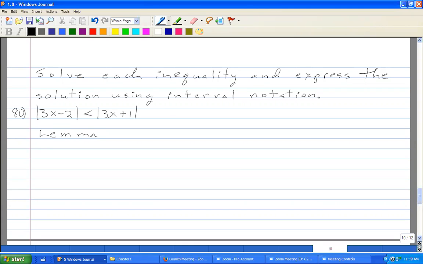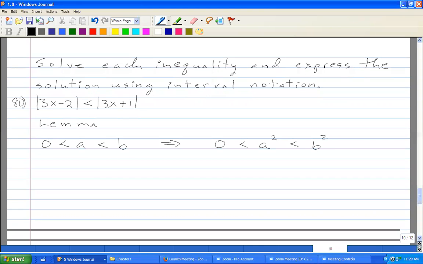I'll just note that if A is between 0 and B, so I want A less than B, then I have that A squared is less than B squared. Okay, so let's show that.